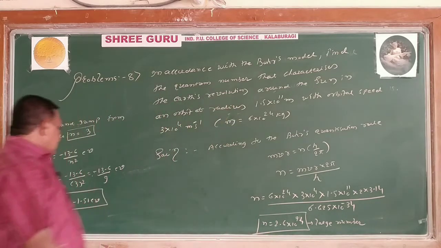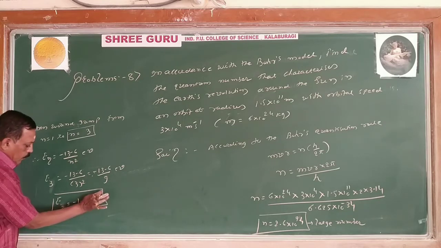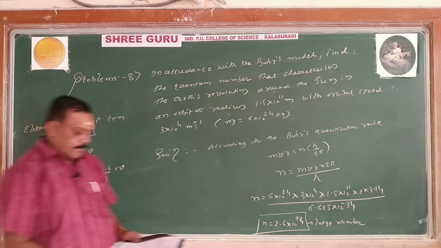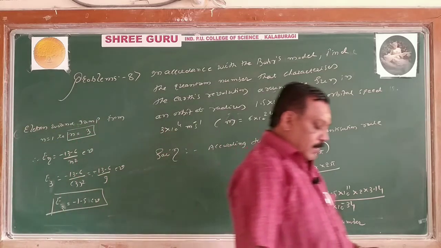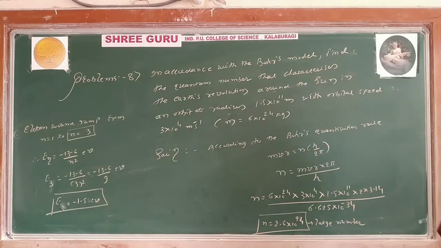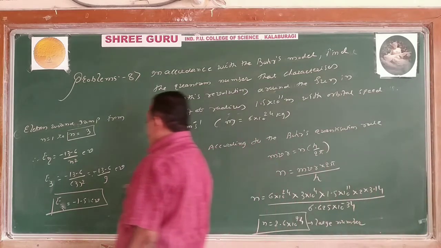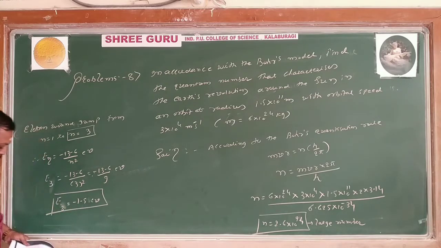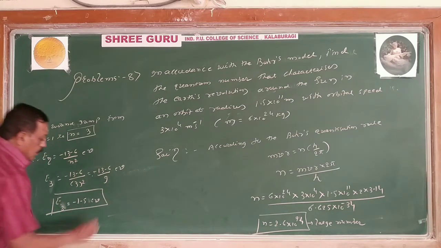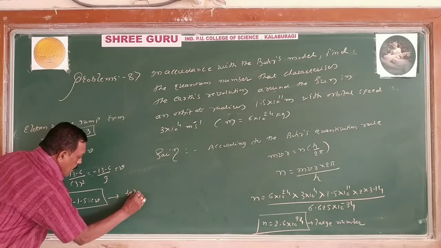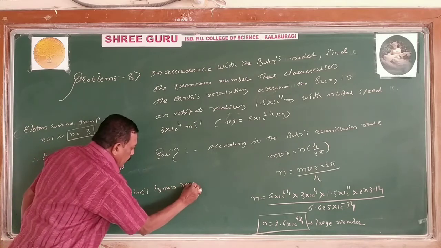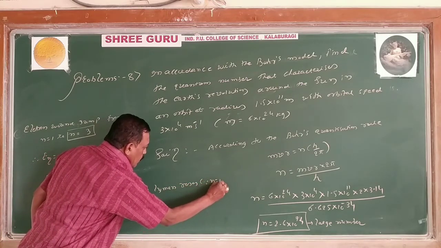It comes to 1.54 something, you can write 1.5. The electron is jumping from the third orbit to the first, so it belongs to the Lyman series, because n equals 1.